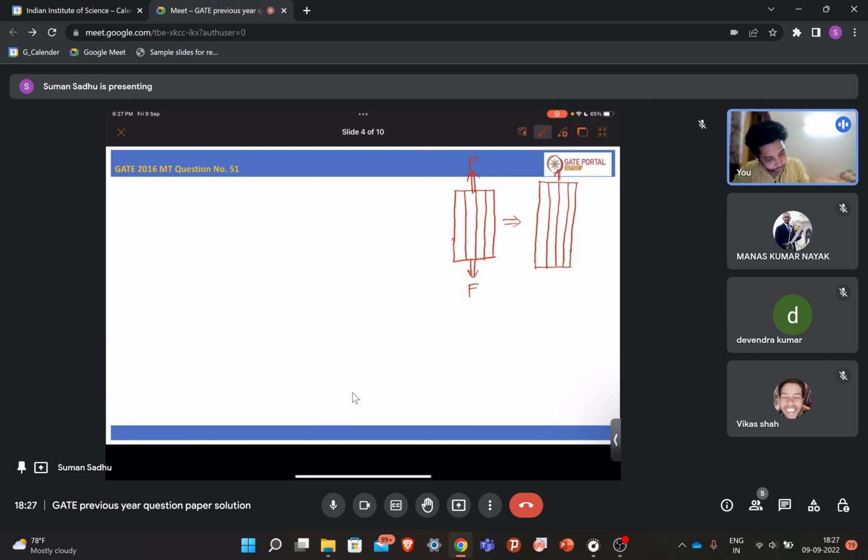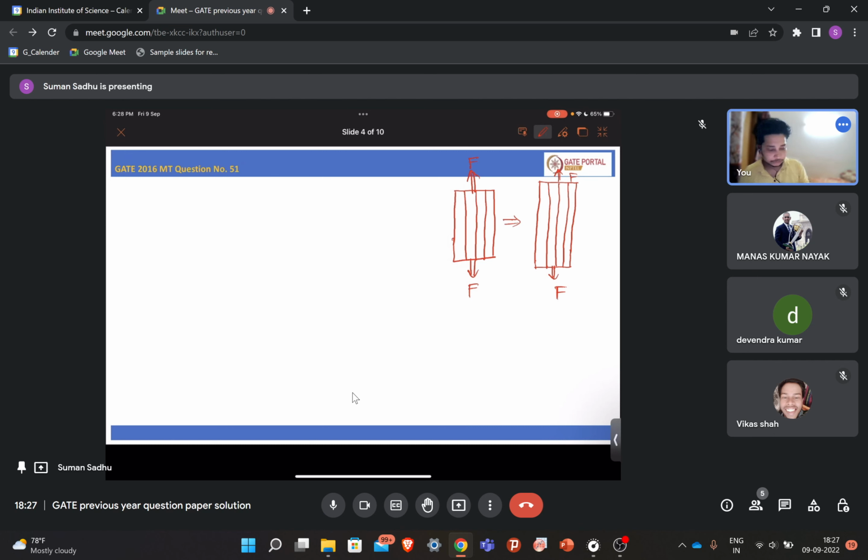But you have to keep the loading. Otherwise, if you release this load, it will go back to its previous shape, because it is under elastic loading. Elastic deformation only happens, not plastic deformation, right?